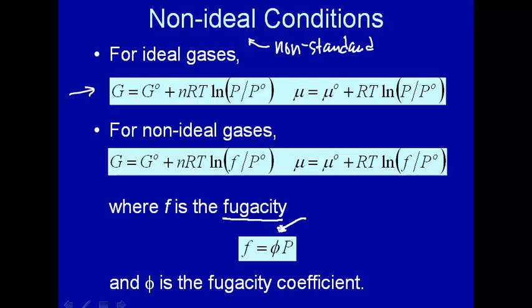What phi does is correct the pressure so that you can use fugacity in here. So it's as if you're using the ideal gas equation, but you're using it with a correction factor to take into account the gas is non-ideal. This sort of corrects it back up to what it would be if it were ideal, and you can use the ideal gas equation. All right, so when you replace pressure with fugacity, that's an F there, that's an F there.